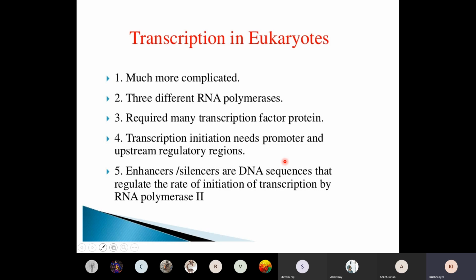If that enhancer also has activator proteins bound, then suddenly the transcription goes from twofold to tenfold, and so on. So there is much more control in terms of how transcription occurs, both in the positive sense and the negative sense. I can both enhance and silence transcription by using these sequences, proteins and factors.